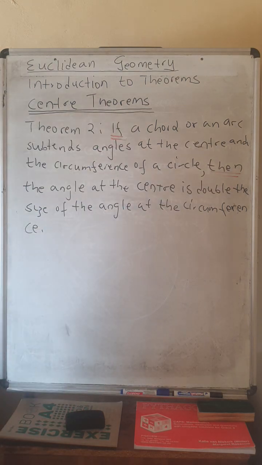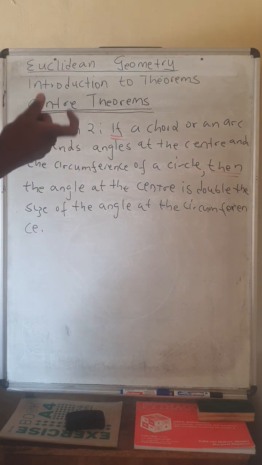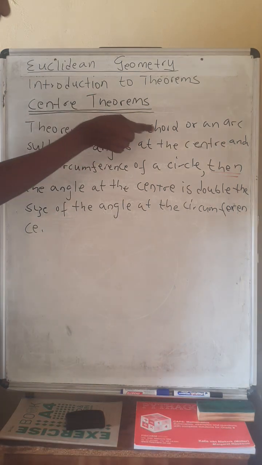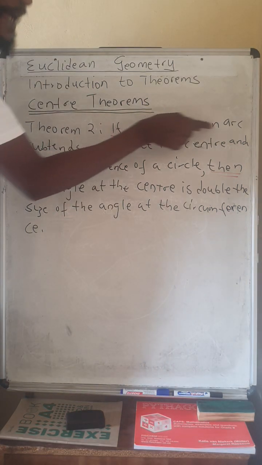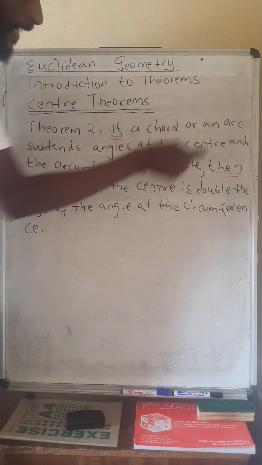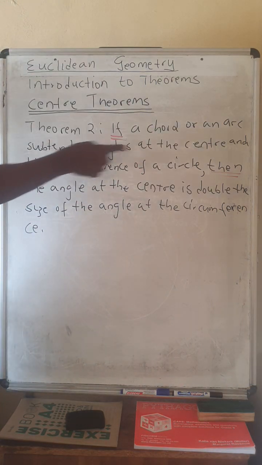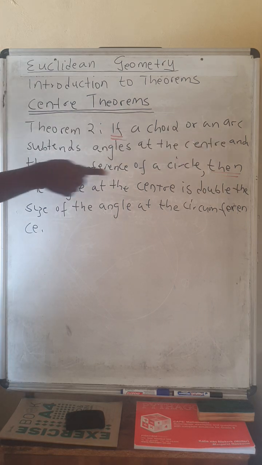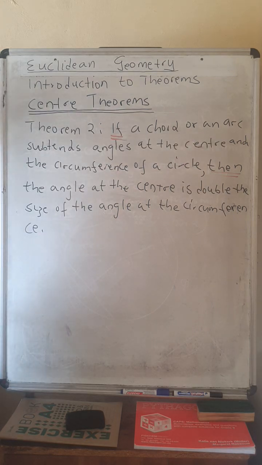That's what the theorem is saying to us. So the condition of this theorem is a chord or an arc subtending angles at the center and at the circumference of a circle.